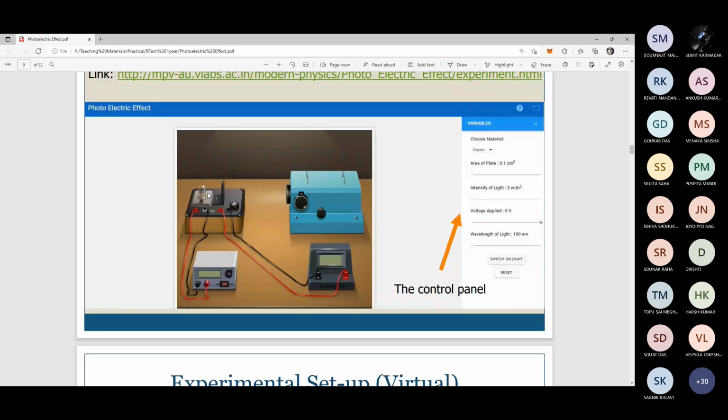The light will fall on one electrode and the other electrode is at negative potential. It is connected, and then we will measure the potential and photocurrent. Right? So this is the experimental link.